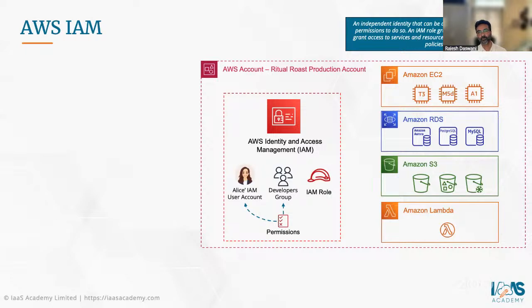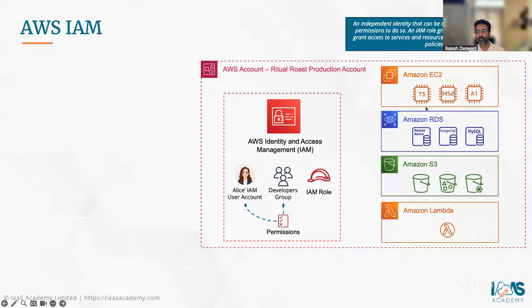Now, an IAM role is an independent identity that can be assumed by any other entity with the permissions to do so. Okay, so an IAM role grants temporary credentials to grant access to services and resources based on a set of predefined policies. So let me explain what that means. With IAM roles, let's say that you have an application running on this server, and it needs to access some files on this bucket.